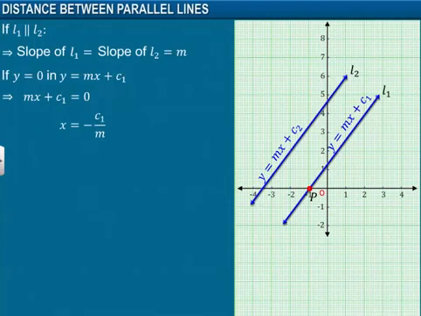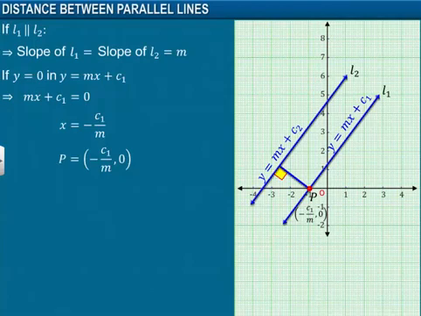Therefore, the coordinates of P are (-c1/m, 0). The distance between lines L1 and L2 is equal to the length of the perpendicular drawn from point P to line L2. Let this distance be d.